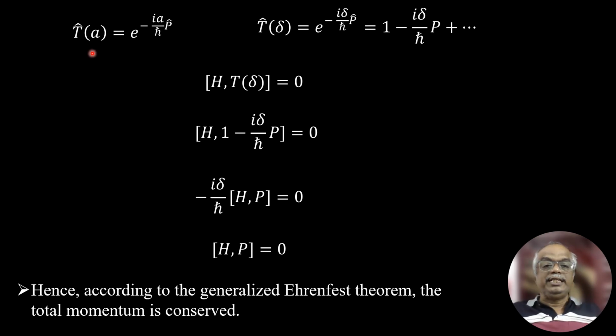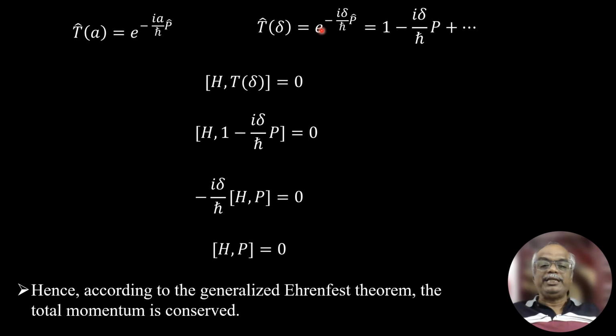So we will see what will happen to the momentum. We have seen that the translational operator is equal to e power minus i a over h cross P. Now let us take a small translation delta, that is T of delta, since this delta is infinitesimally small.